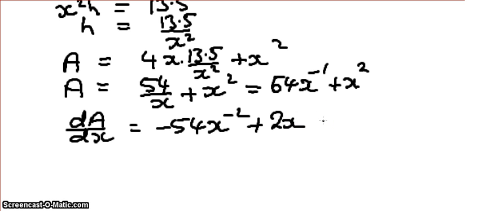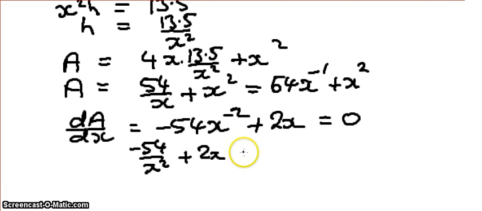We know that we make this equal to 0, so if we make that equal to 0, we get negative 54 over x squared plus 2x equals 0.